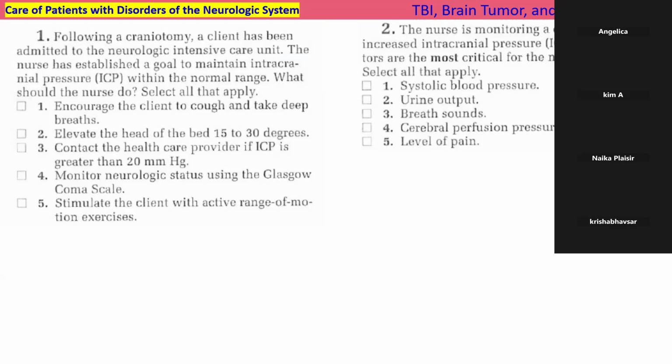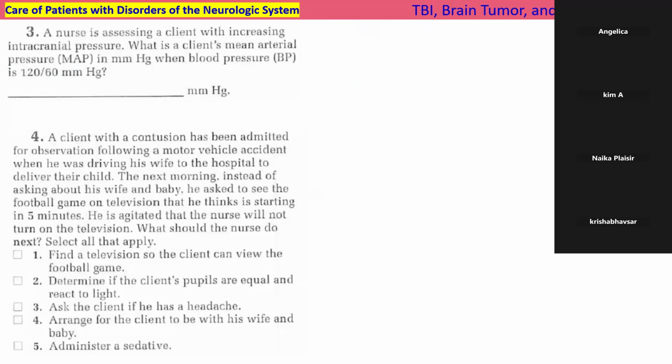So the ones that are most critical for the nurse to monitor as consistent with the ICP will be 1 and 4, systolic and CPP. Urine output is not that critical because it doesn't produce any significant outcome from increased ICP. Slightly affected, yes, but it's not significant. The most significant will be systolic blood pressure and CPP.